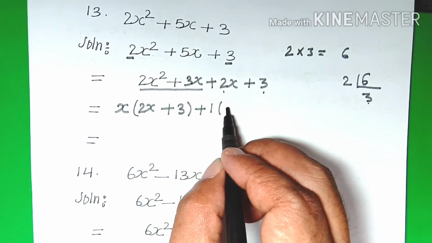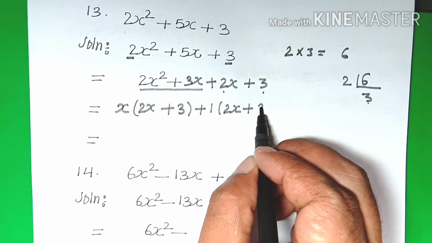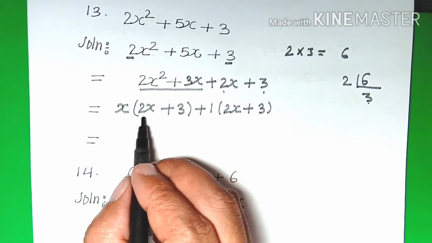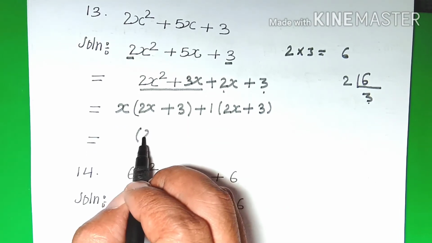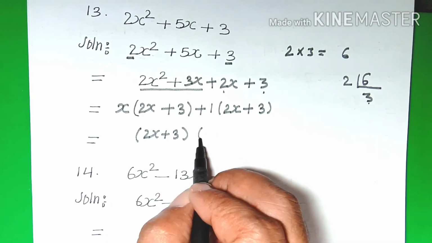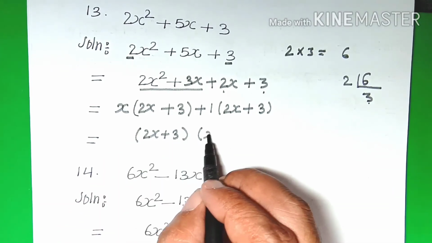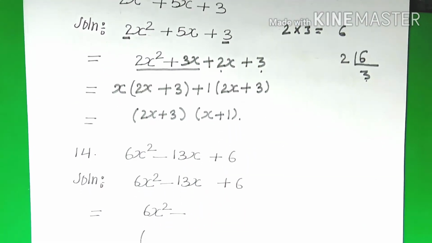After taking 1 as the common, we are left with 2x, 1 into 3 times. Then the factor 2x plus 3, here also 2x plus 3, and that is our common factor 2x plus 3. And the second factor is x plus 1. So these are the two factors.